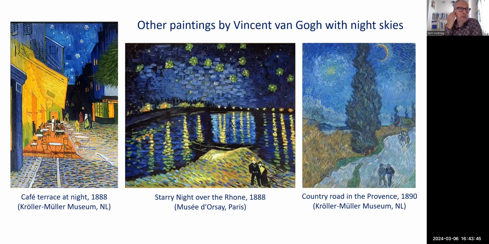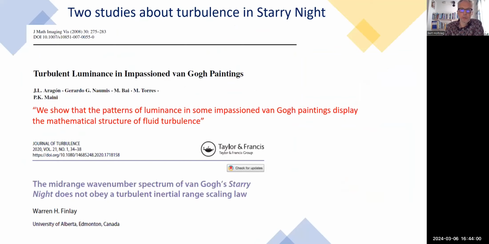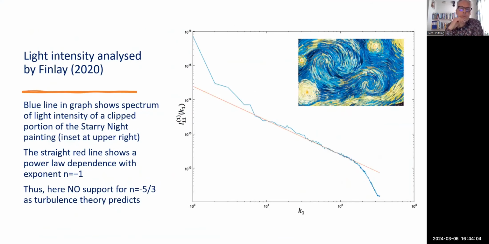You can use the same analysis tool for all parts of the painting. But for the analysis which I showed, let me repeat this once more, only this part of the picture was analyzed. So not the village and not the cypress trees and all of that. Only the motions in the atmosphere, higher up in the atmosphere.